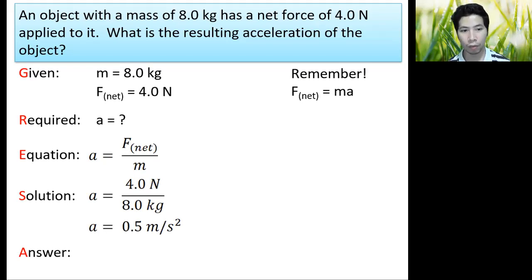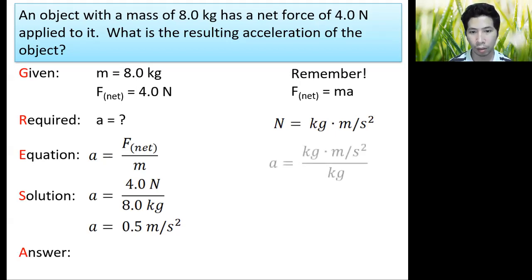So finally, we will get the unit meters per second squared. But how were we able to get this unit? Let us remember that kilogram meters per second squared is equivalent to Newton. So given that acceleration, if you notice, we have Newton here in the numerator, so it will become kilogram meters per second squared divided by kilogram from 8 kilograms.